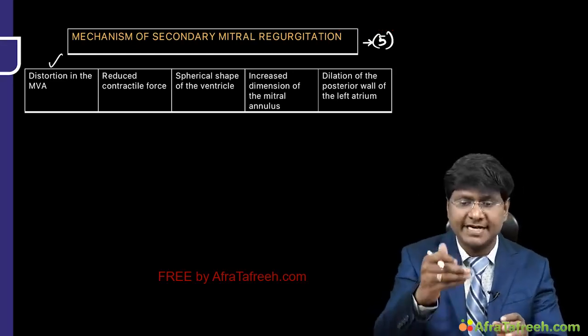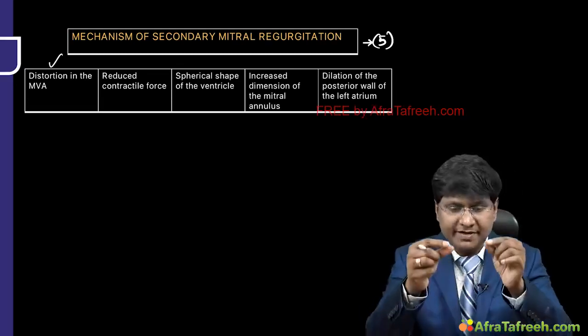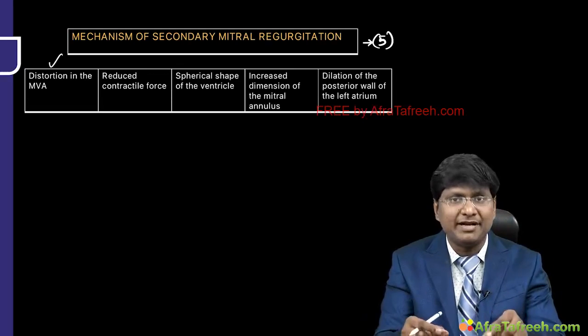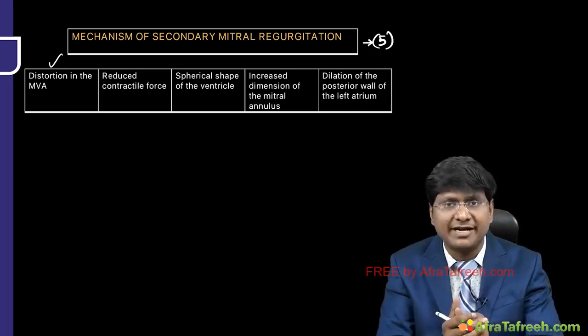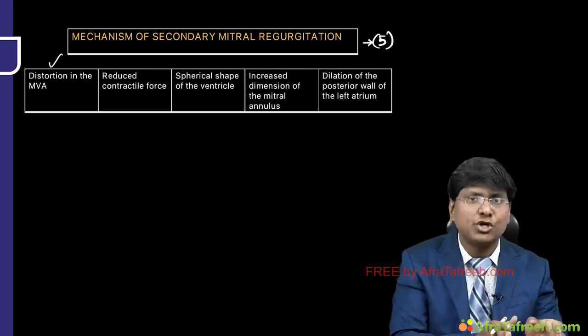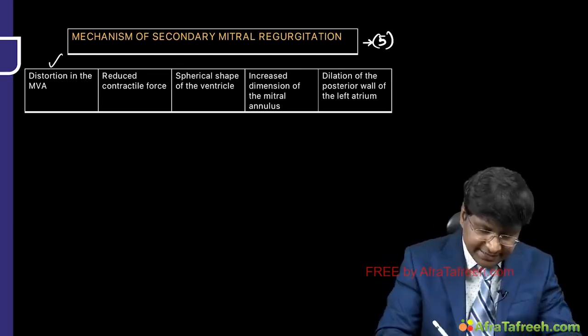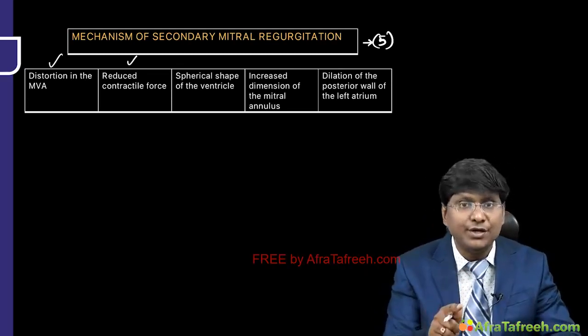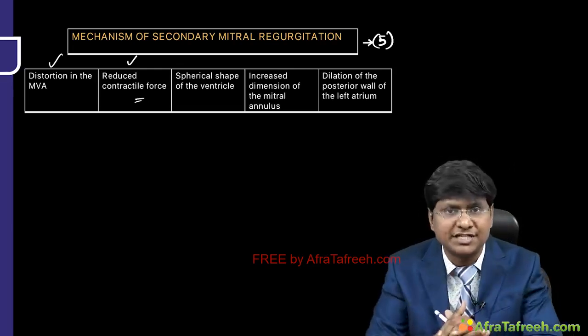One is mitral leaflets, anterior and posterior mitral leaflets. Next is the mitral valve annulus. Then we have chordae tendineae. Next we have papillary muscles. Then we have the entire endocardium. So these are the structures within the mitral valve apparatus where there will be distortion causing mitral regurgitation. Now there will also be reduced contractile force in case of heart failure with reduced ejection fraction.